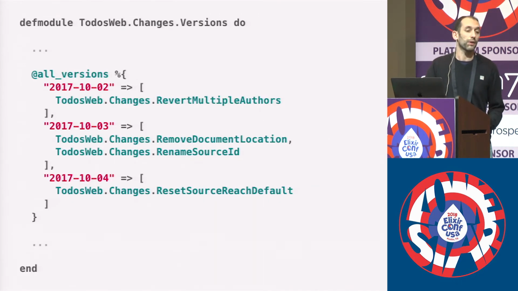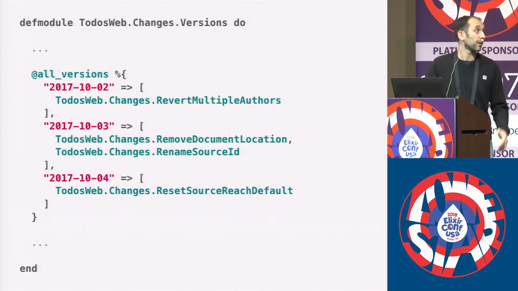And then we can group all these changes together with a simple map that is a collection of our versions. These versions are the changes that are necessary to get from one version to another. So we're on the latest version, and to get back to one previous version, we look at the changes that are necessary to get from the current version to that version, and from that version to the next version, and so on and so forth.